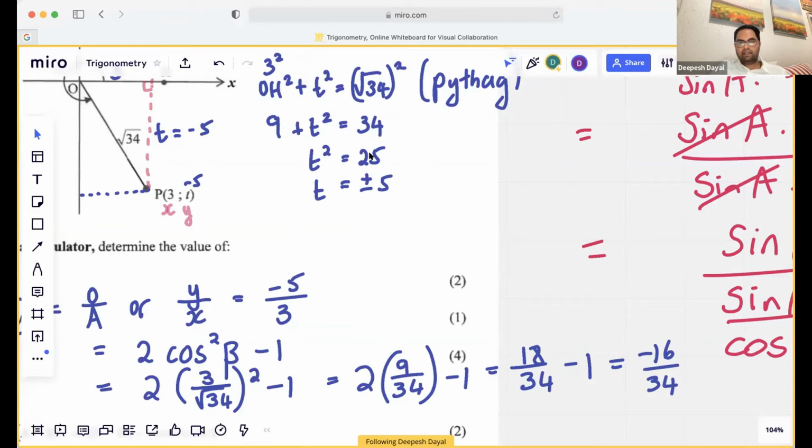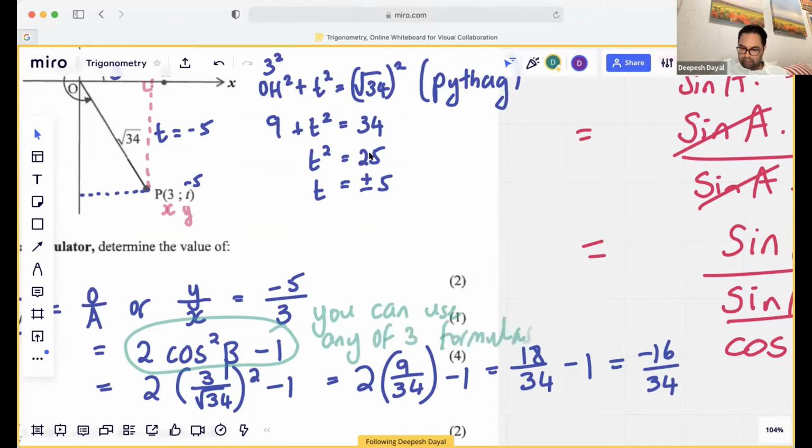Okay, just have a look at that. I think it doesn't matter which of your formulas you use. All of them will work out, right? You can use any of them, any of the three formulas, right?